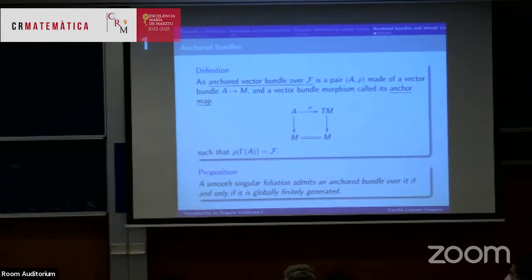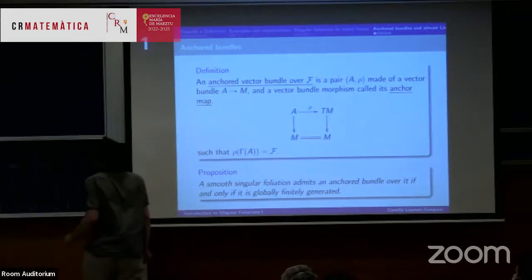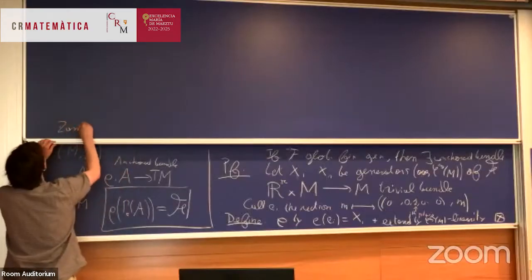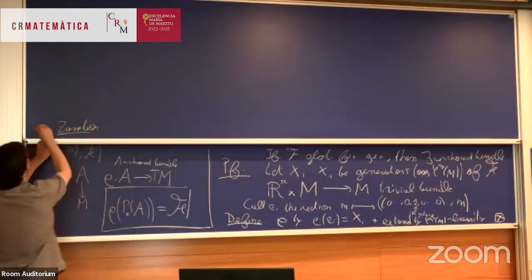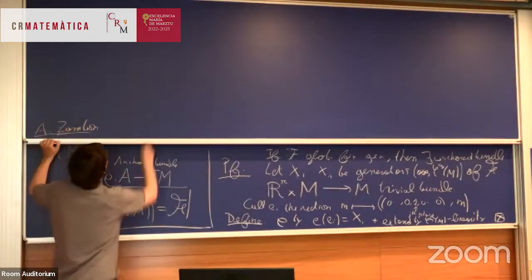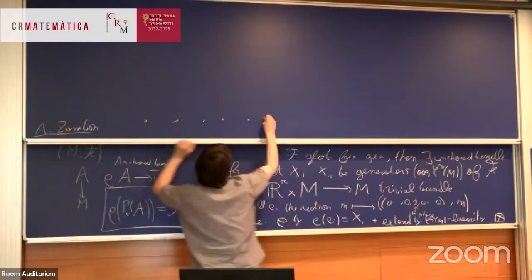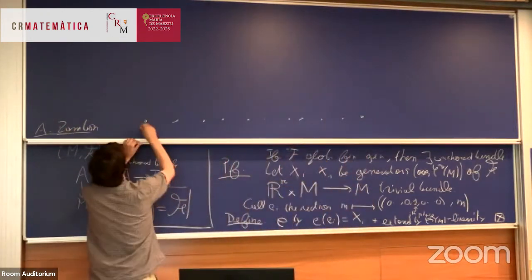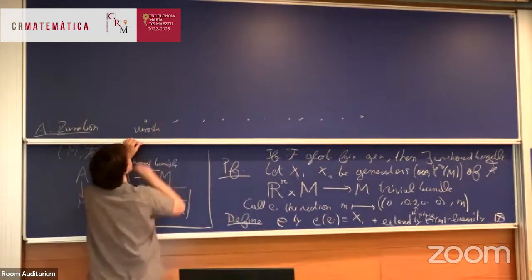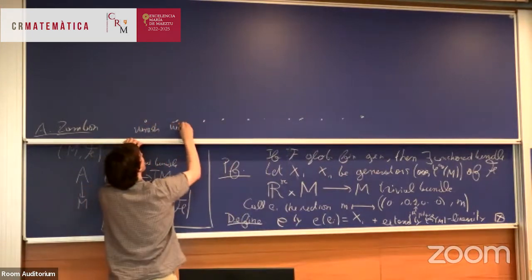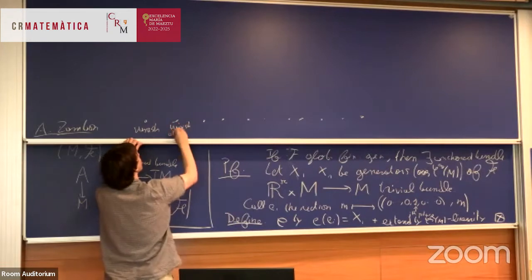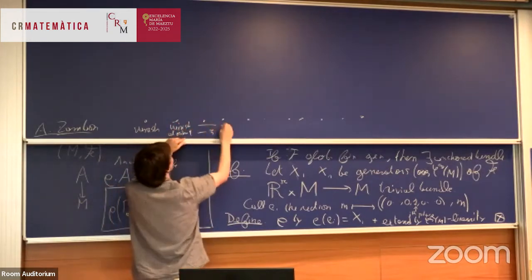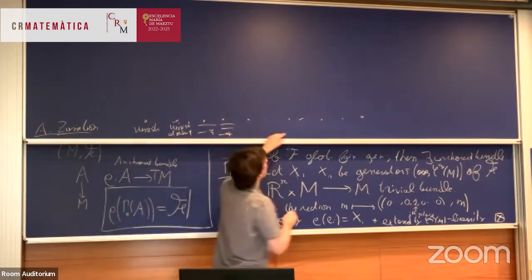Example where it's not globally finitely generated? Yes. So I owe this example to Marco Zambon. Maybe Alexandre Deck is also in this paper. Well, you take points on R2, and you take vector fields that vanish here, then that vanish at order 2, so that they vanish together with their derivatives, then vanish at order 3, then order 4, and so on.